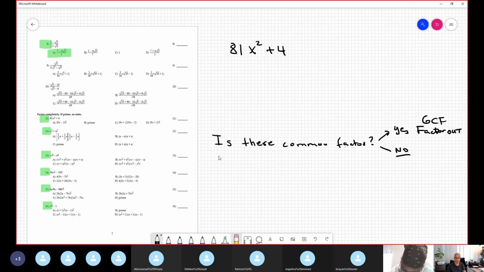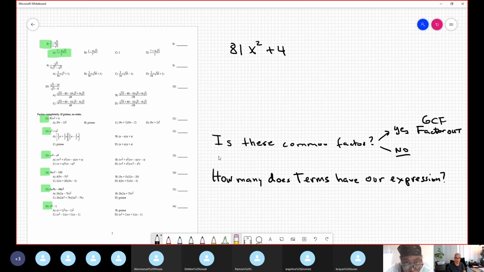Keep going. The second question is: how many terms does our expression have?